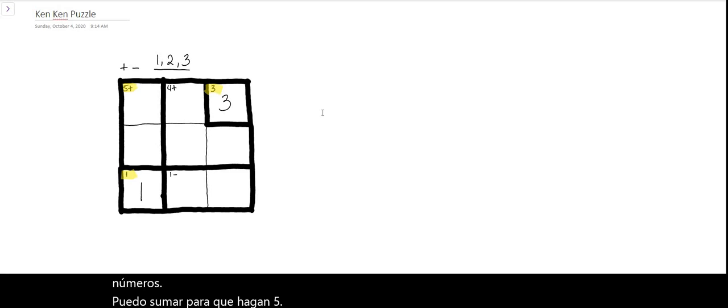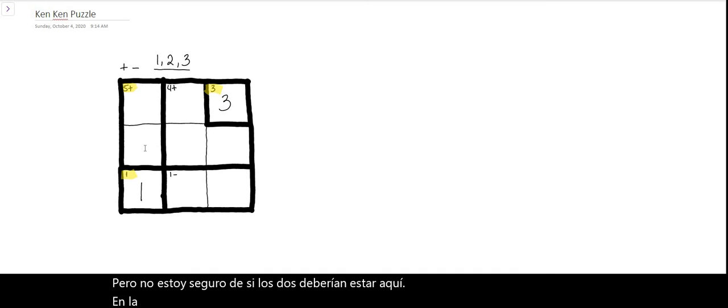I know that 2 and 3 make 5, but I'm not sure if the 2 should be here on the top cell or here in the bottom. So we just start planning it out, and we put a small 2 and 3, 2 and 3.